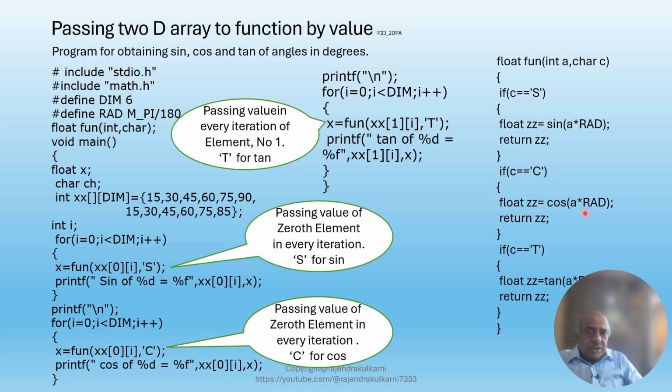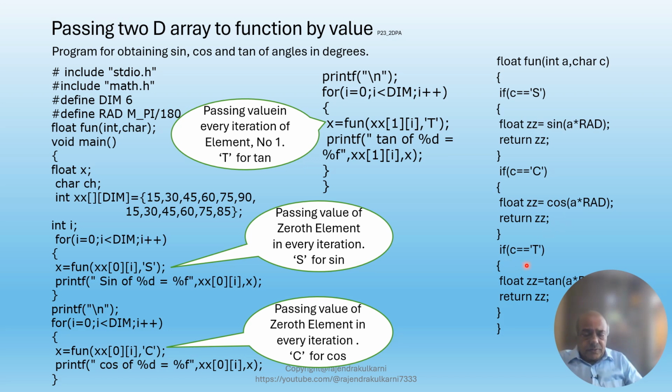It will be converted by multiplying the value by RAD. The cosine value will be assigned to variable ZZ, and that variable ZZ will be returned.